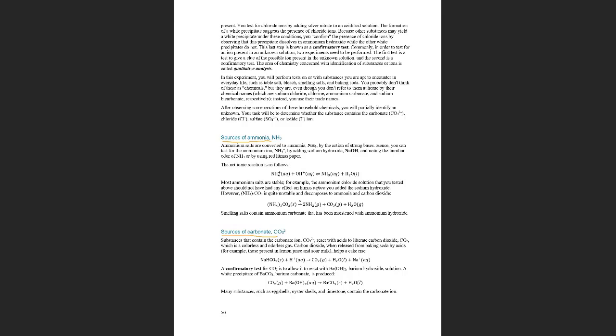So ammonia, carbonate, here they are giving you a quick overview. Any substance that contains carbonate, this ion, here they are telling us, reacts with acids to liberate carbon dioxide. Carbon dioxide, you will see bubbles, has no color and no odor.